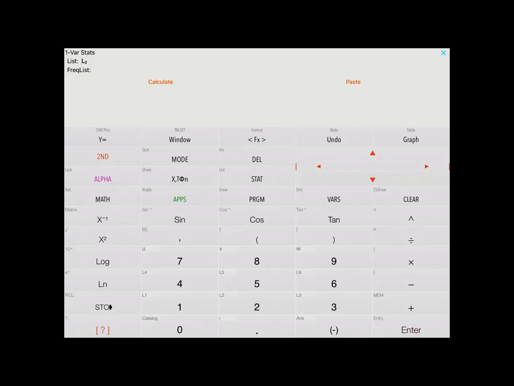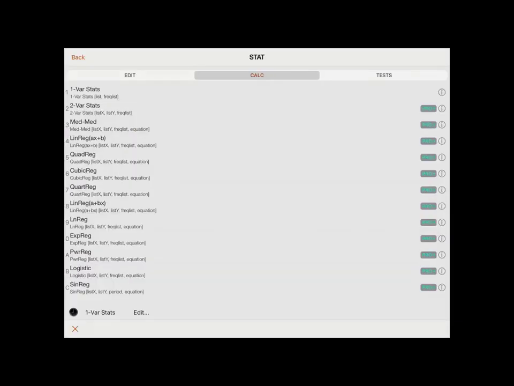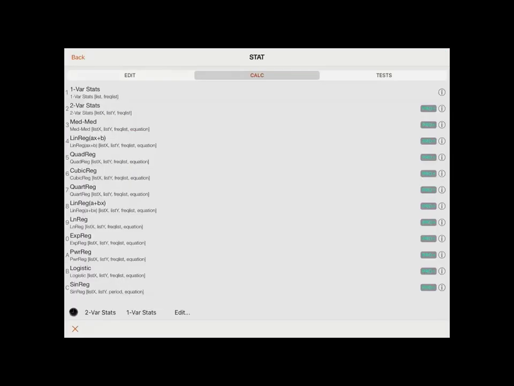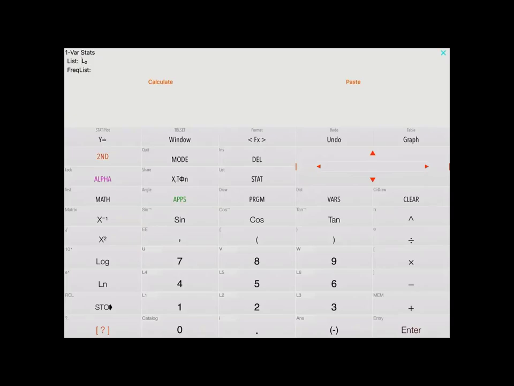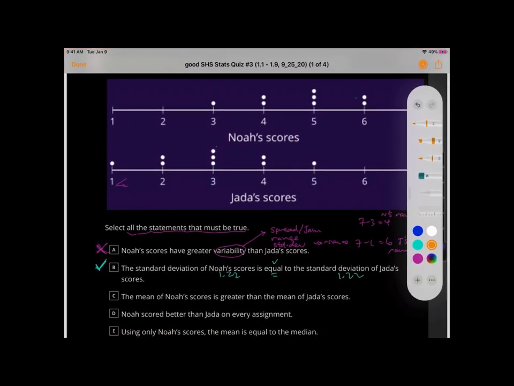I already have list 2 in there, which is Jada's. So Jada has an average of 3. And stat, calc, 1-var stats, and then here I want L1. Calculate. And is it Nathan? Noah. Noah has a mean of 5. So 5 compared to 3, is it greater? Yes, that is true.